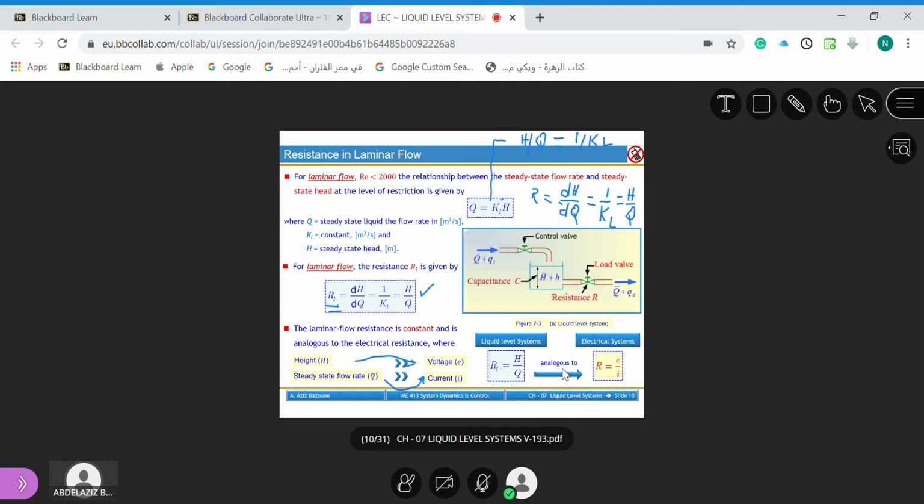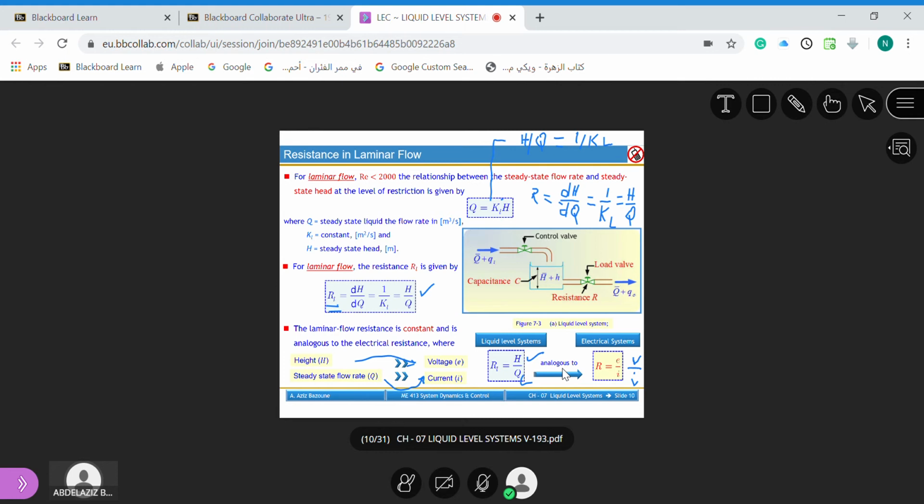So R will be H over Q, which is analogous to R will be V over I, which is Ohm's law. If you remember Ohm's law, it is exactly the same. H plays the role of the voltage, and Q plays the role of the current I.